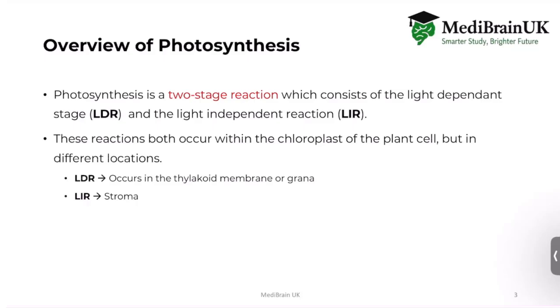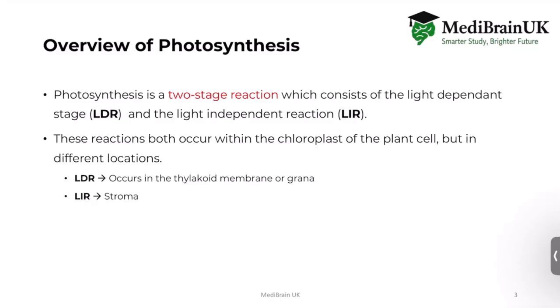So if you think back, nucleus has a nucleolus, a nuclear envelope, nuclear pores. Those are internal structures within a nucleus. Just like that, we looked at the structure of a chloroplast. And inside a chloroplast, you have different structures as well. Now, the two key structures that you need to pay attention to are the thylakoid membrane and the stroma.